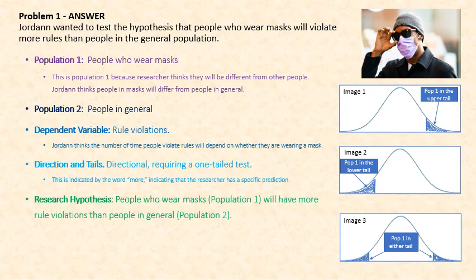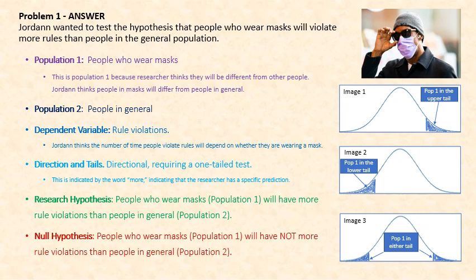The research hypothesis is that people who wear masks, population 1, will have more rule violations than people in general, which is population 2. And the null hypothesis, here we add that word not. People who wear masks will not have more rule violations than people in general.